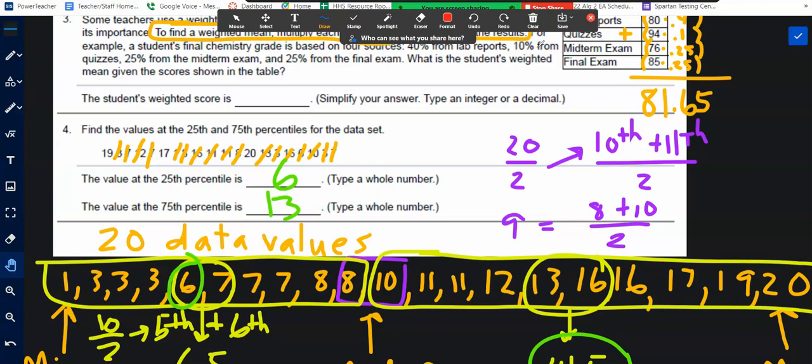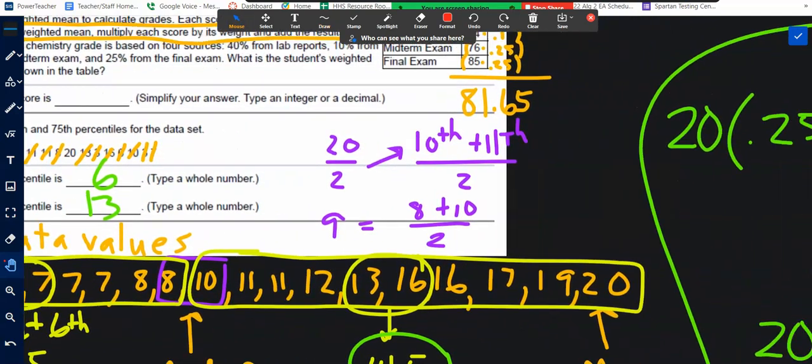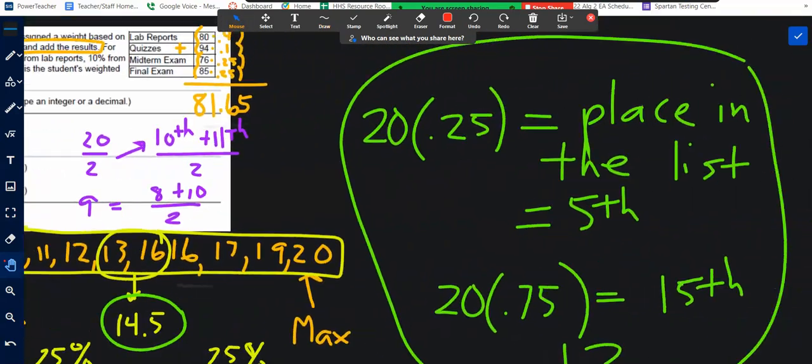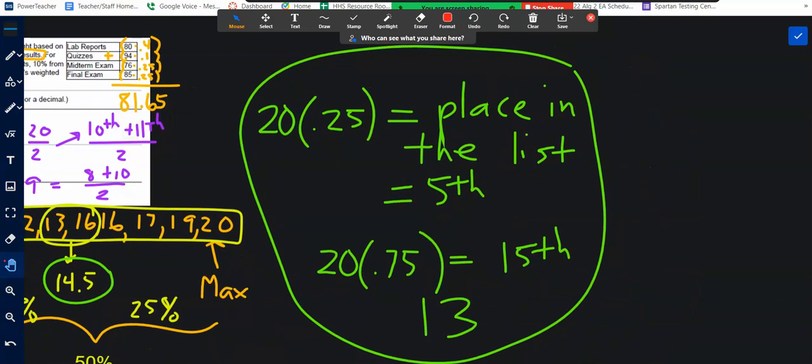If they were anything different, like 20 and 60, then I couldn't do the second method. It's only because it was 25 and 75. So literally, here's what we should be doing. Take the number of data values and multiply by 0.25. Take the number of data values, multiply by 0.75.